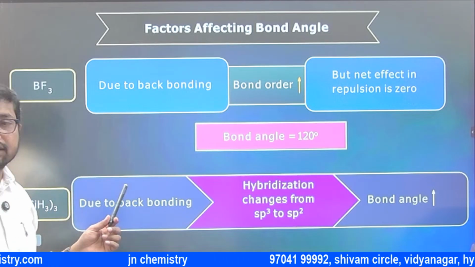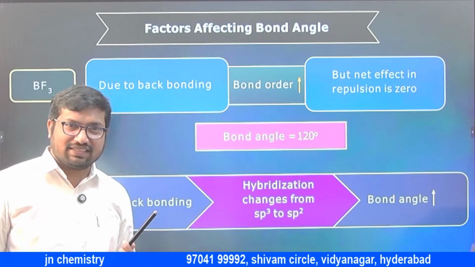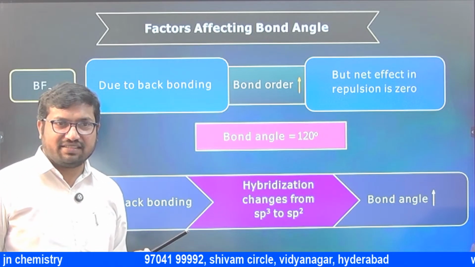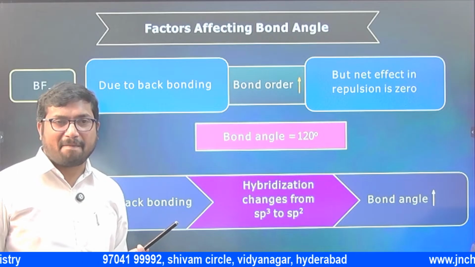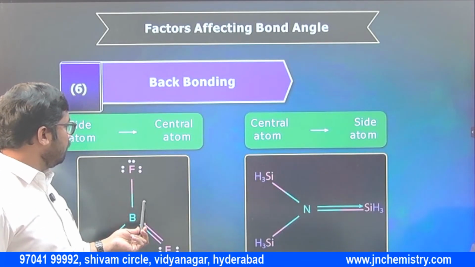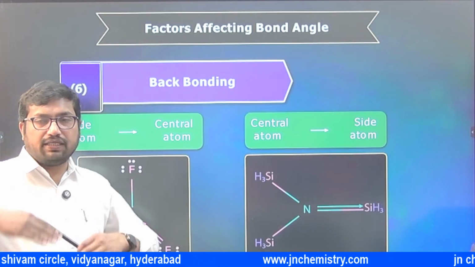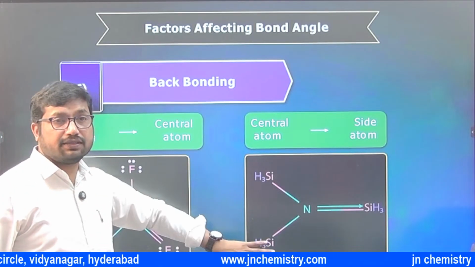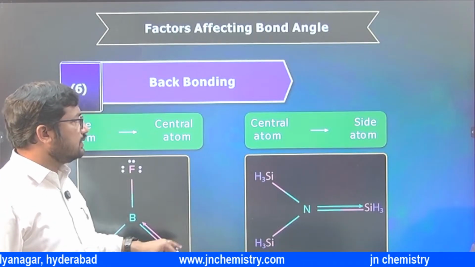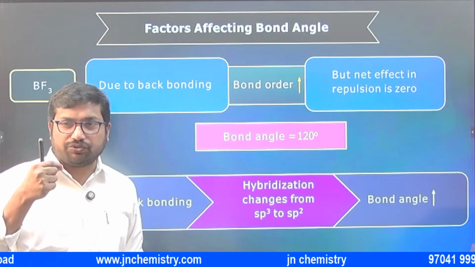Obviously, it becomes a double bond. Here it was actually a single bond, but because of back bonding it becomes a double bond. When the double bonds increase, automatically the bond order increases. So this type of question seems very narrow, and we know those questions.